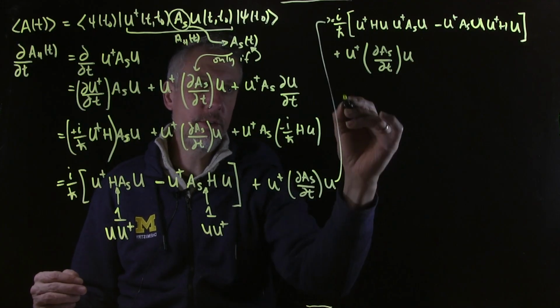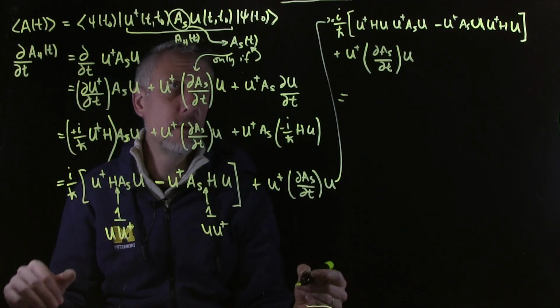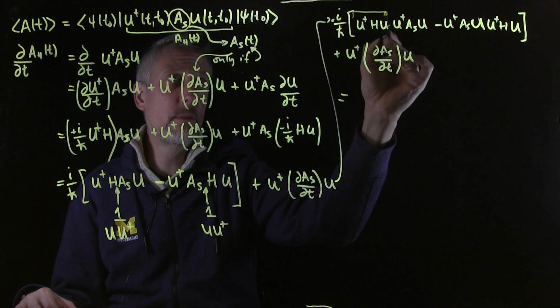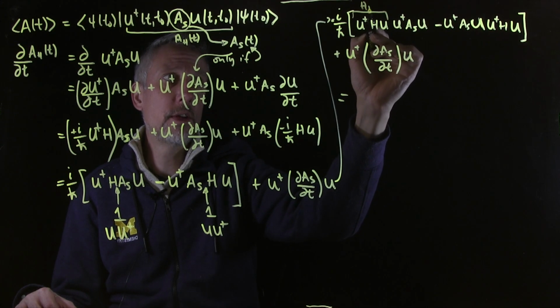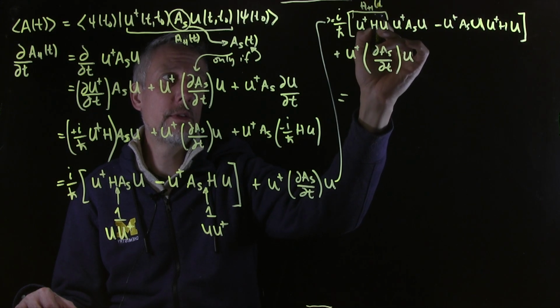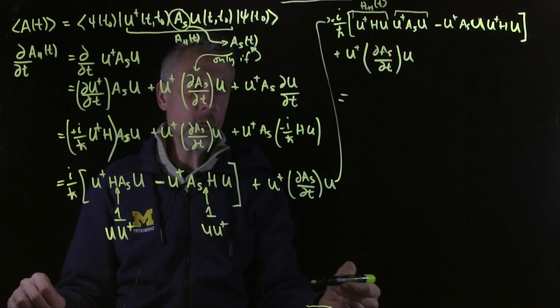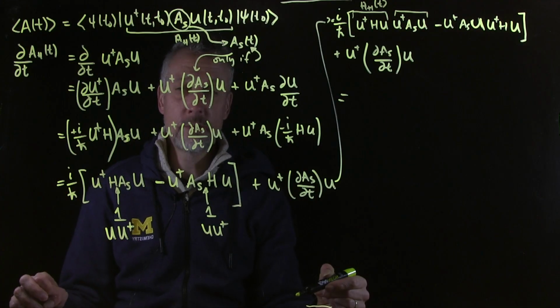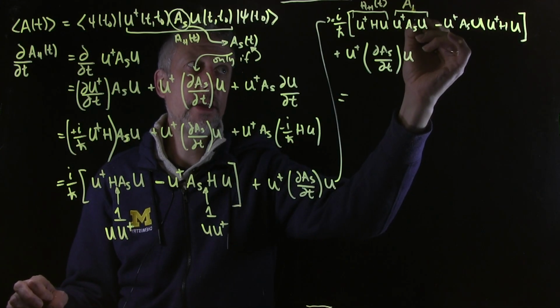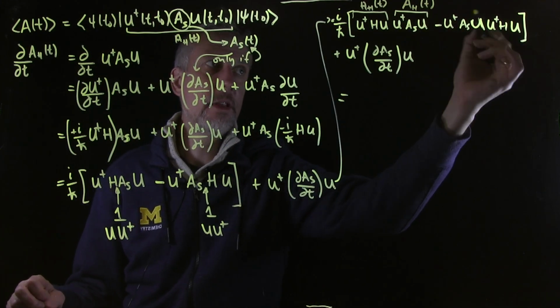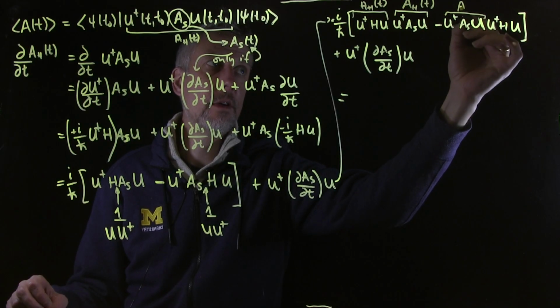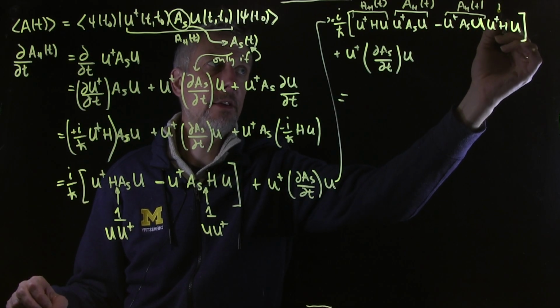All right, so what do we notice about that stuff in the square brackets? What we notice is this is the Heisenberg representation of the Hamiltonian. So I'm going to put a little sub H on it with a t. This is the Heisenberg representation of A, so I'll call that A_H. And this is the other way around. So this is A_H, and this is H_H.